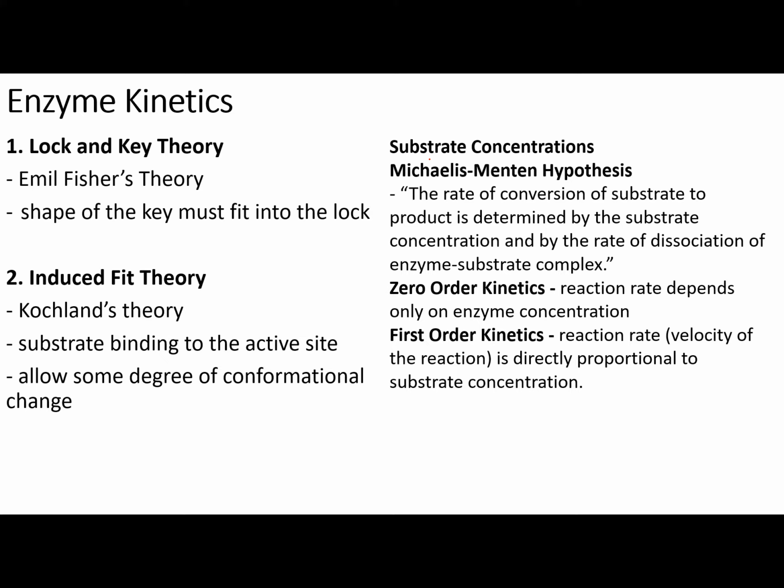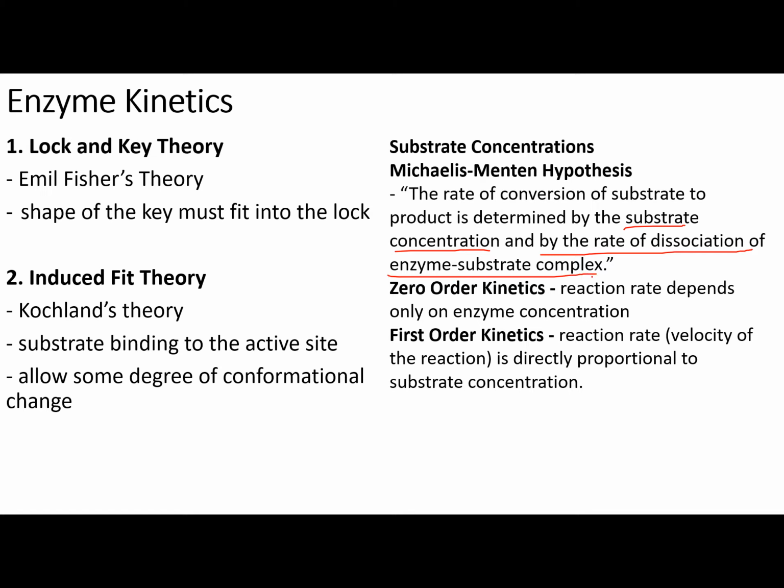Now, when we talk about substrate concentration class, we have this so-called Michaelis-Menten hypothesis. Now, Michaelis-Menten hypothesis states that the rate of conversion of substrate to product is determined class by the substrate concentration and by the rate of dissociation of ES complex.